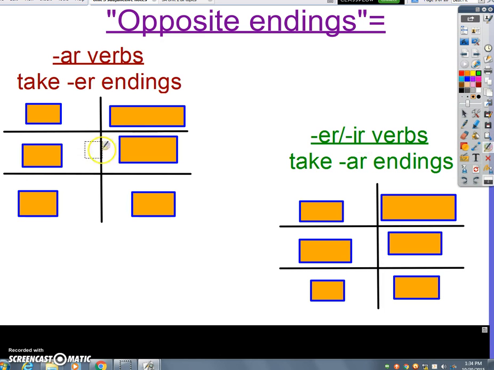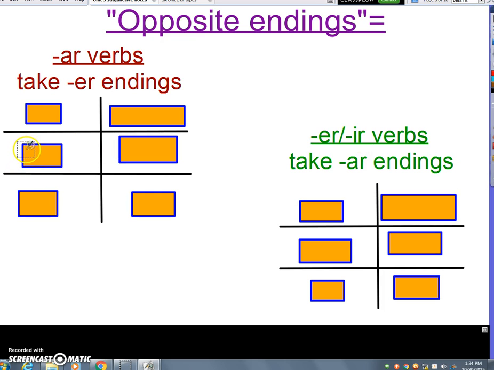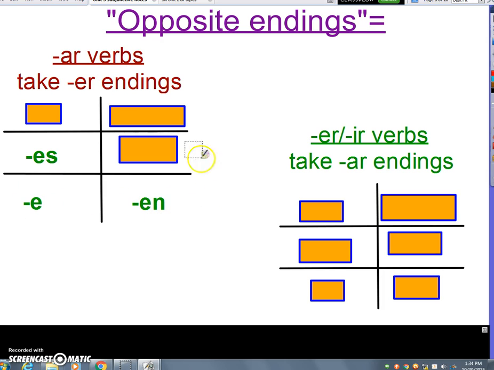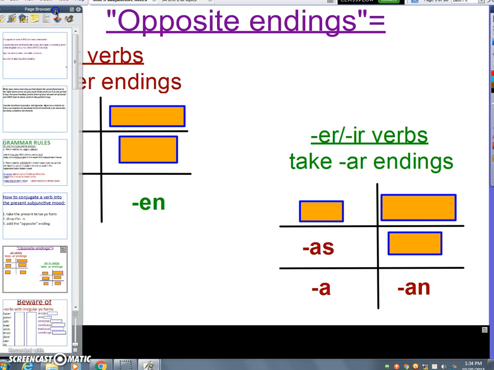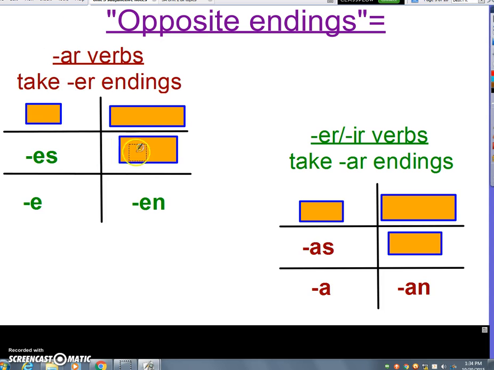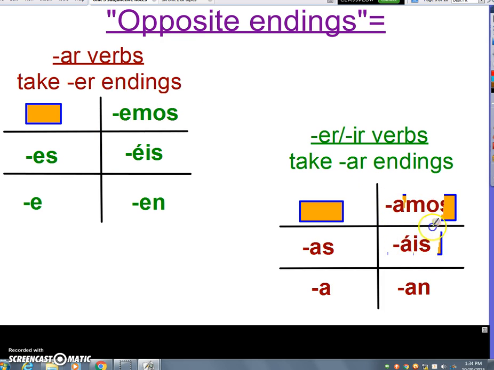When we were doing commands, we knew that a tú command would end in es, e, or en if it was an AR verb, and we knew that the opposite ending for ER-IR verbs would be as, a, or an. But we're not just doing commands anymore. We need to know what the rest of these 3 boxes will be, and they are pretty much what you think they would be. Emos, éis, emos, éis.